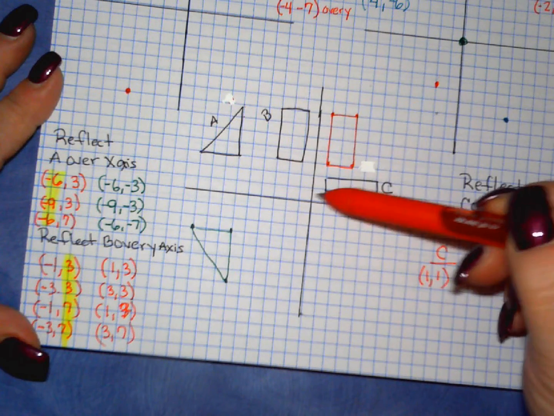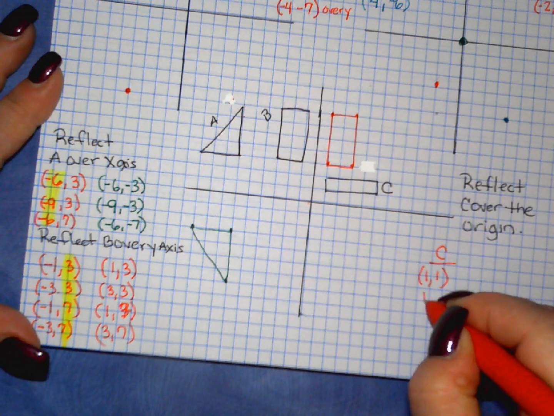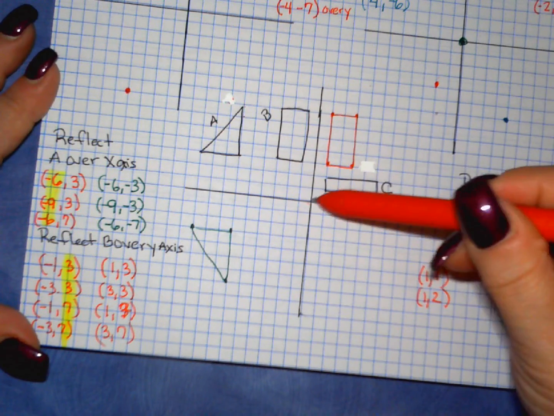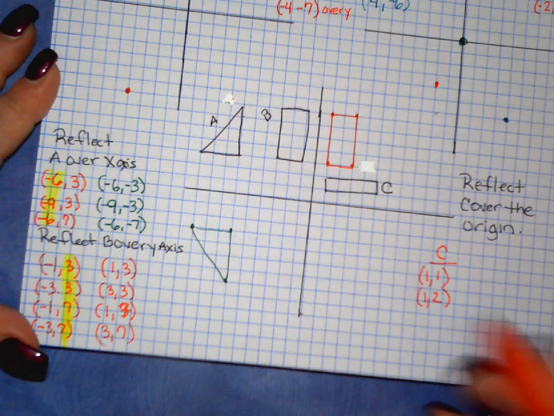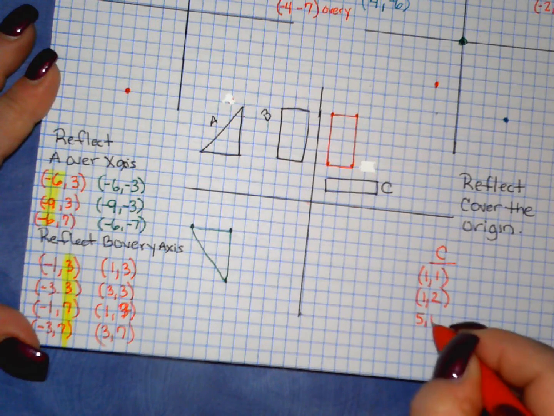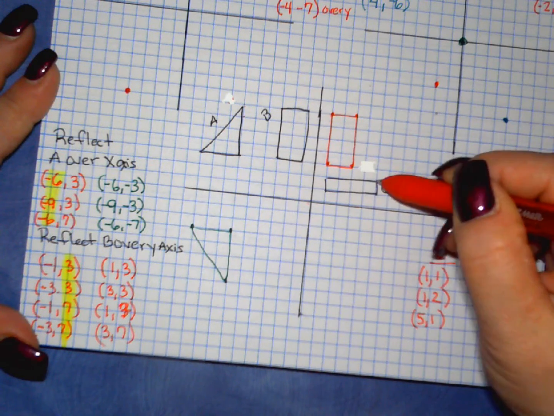Then I have 1 up 2. Then I have 5 up 1. And then I have 1, 2, 3, 4, 5 up 2.